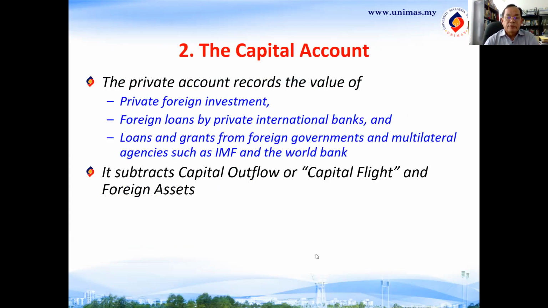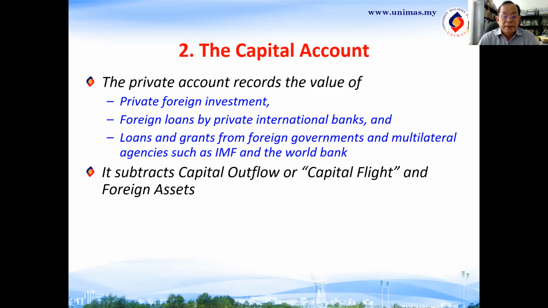The second type of account is the capital account, ataupun account modal dalam bahasa Malaysia. So this is the account recording the value of private foreign investment, foreign loans by private international banks, and also loans and grants from foreign governments and multilateral agencies such as the IMF and the World Bank.